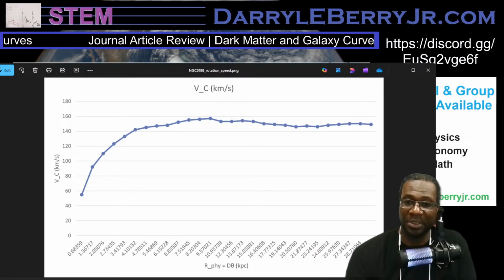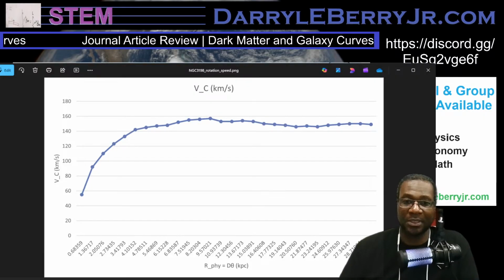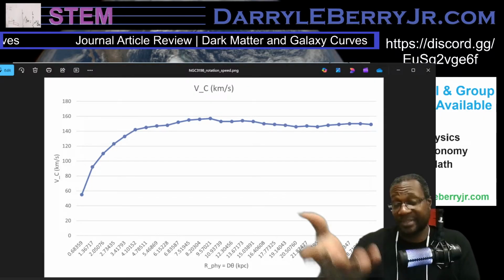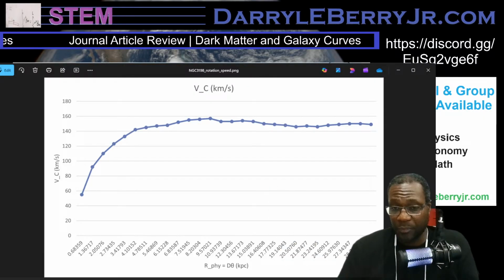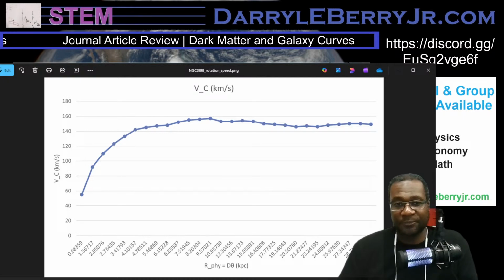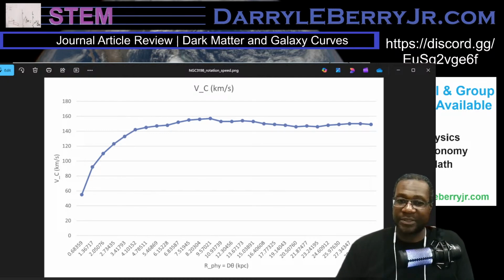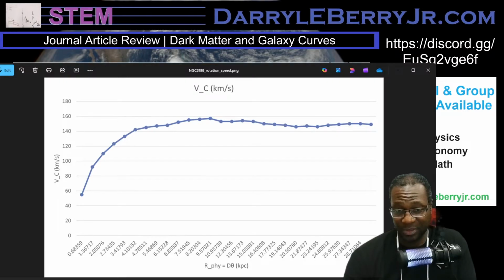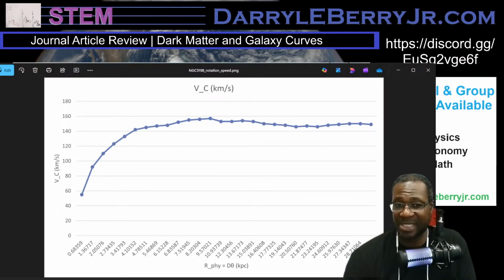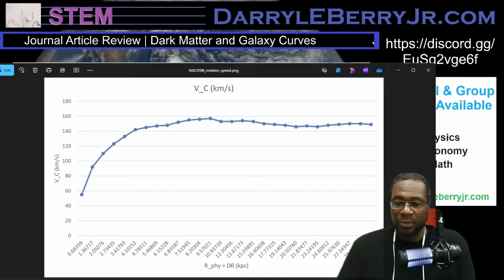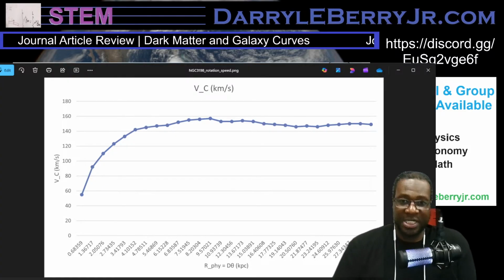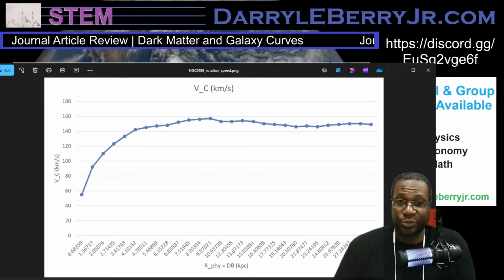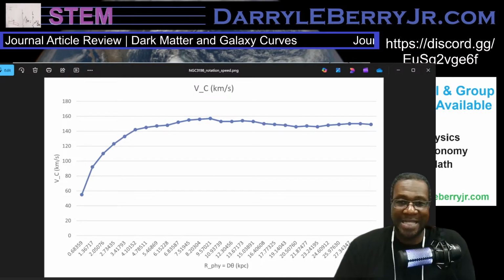this velocity curve can be what it is for a galaxy, and we know that's what it is because we can see the stuff going around. We can look at it. Galaxies, they spin. If you look at this galaxy curve, we can see that the stuff on the outside is spinning at about 150 kilometers per second, right? We can't stare at a galaxy long enough to determine that speed.